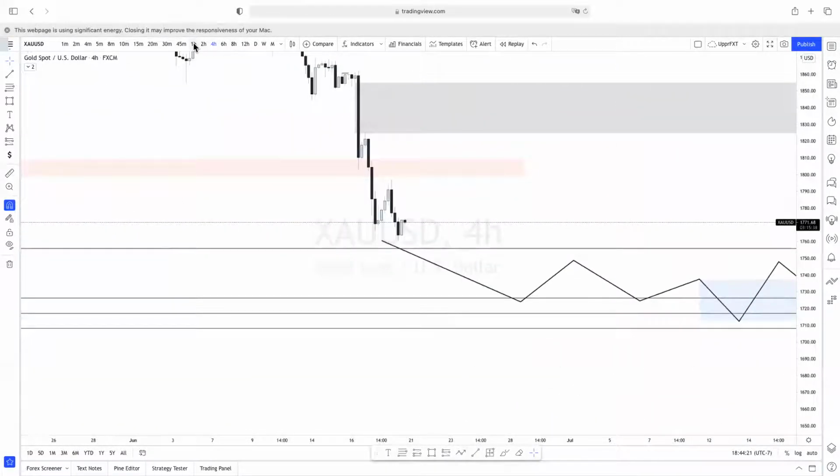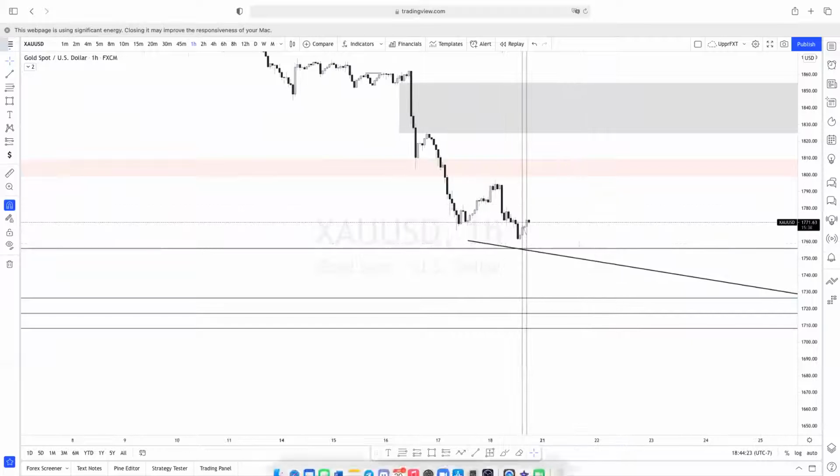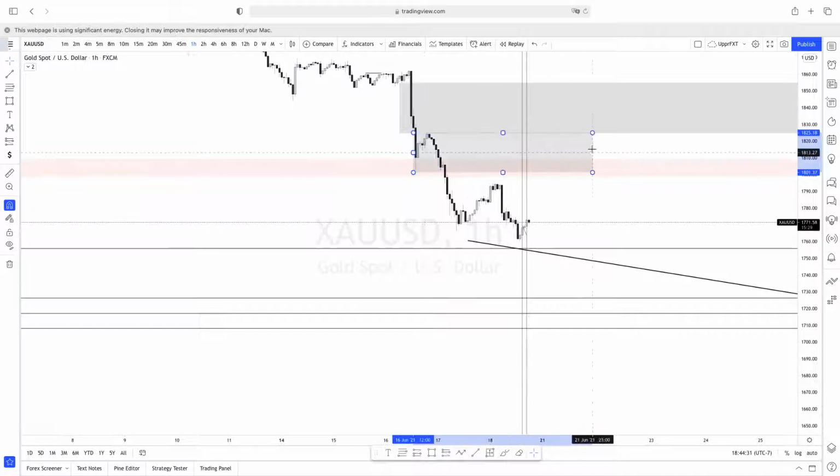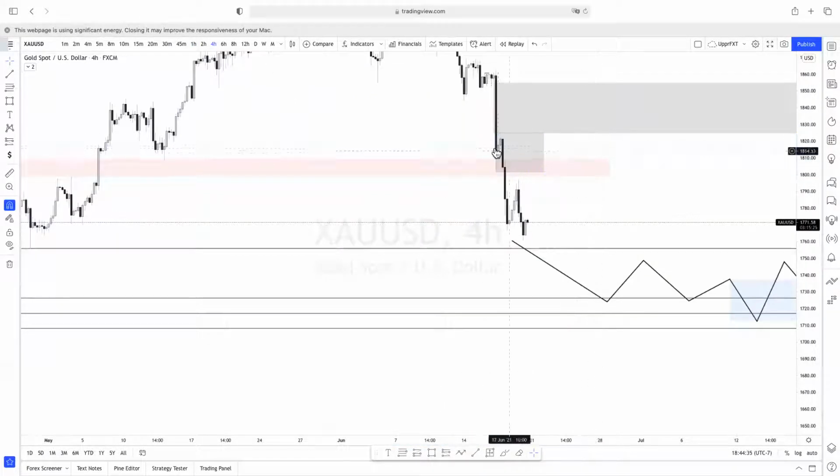Maybe there could possibly be mitigation right here as a supply zone. But even if it comes up to here, I wouldn't be worried about taking a sell. You see it from a better time frame. This is the last up move that sent price down and broke structure, right? So this could be a valid supply zone.